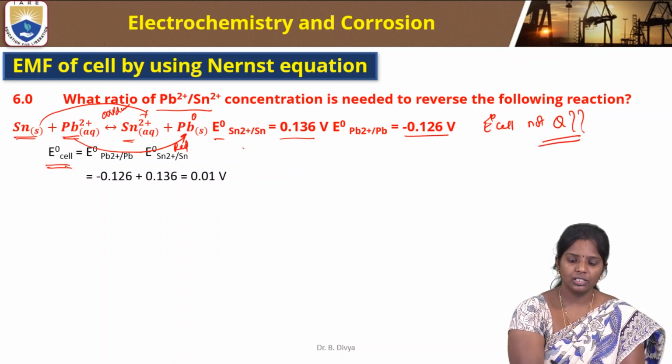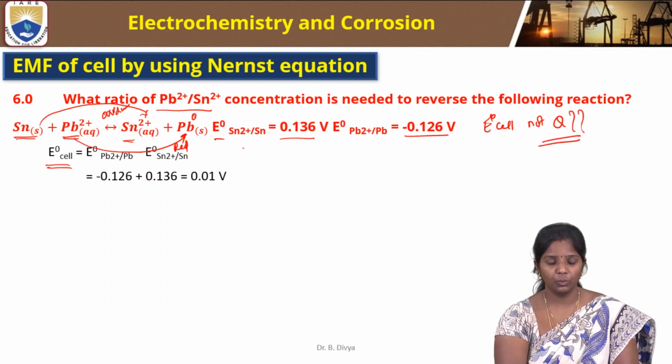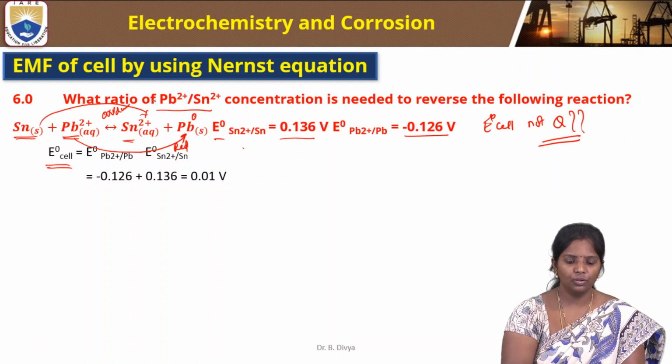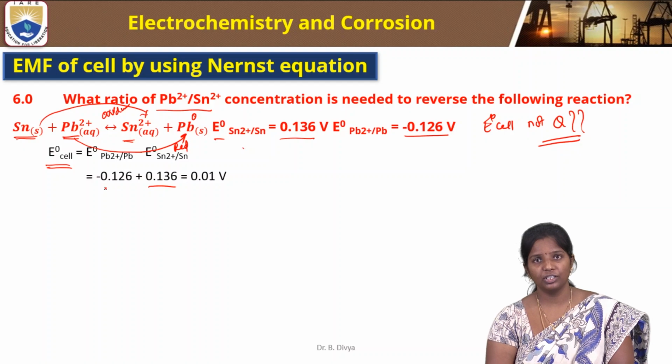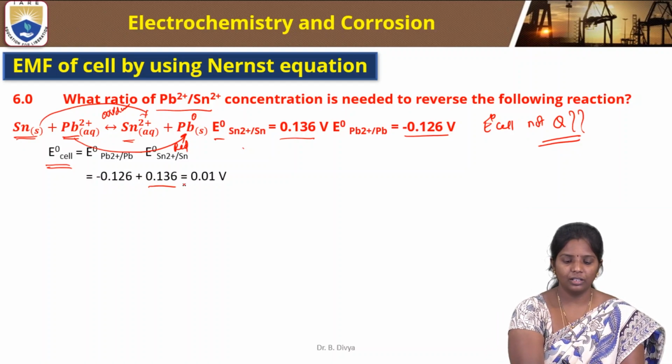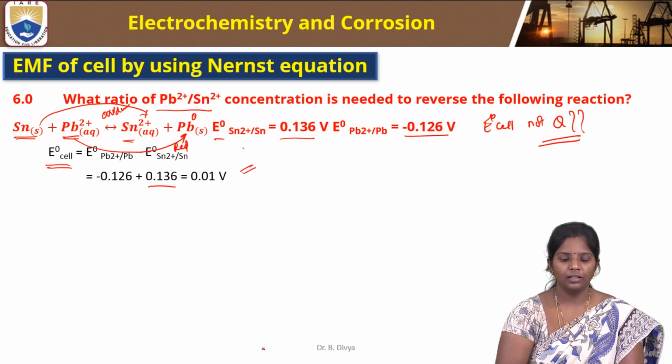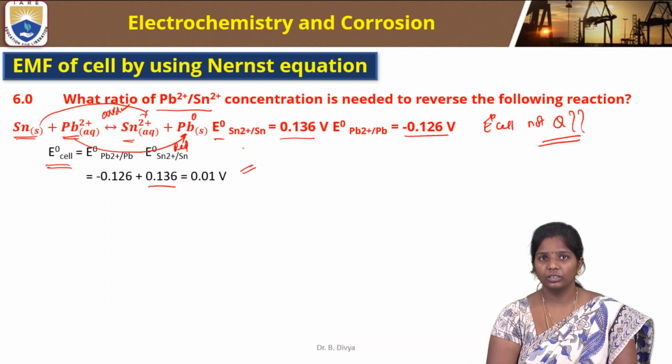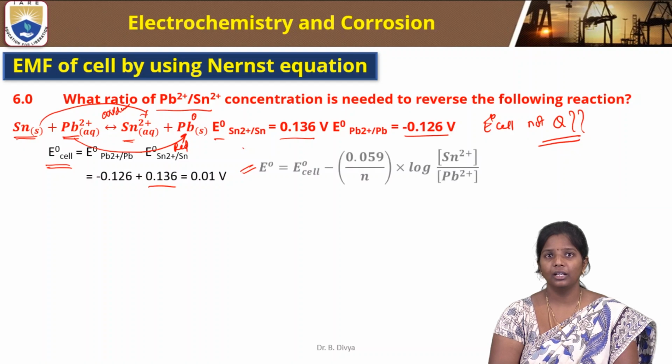Oxidation is the anode and reduction is the cathode. Applying the reduction potentials, minus 0.126 plus 0.136 is equal to 0.01 volt. So this is the E naught cell of that particular cell.